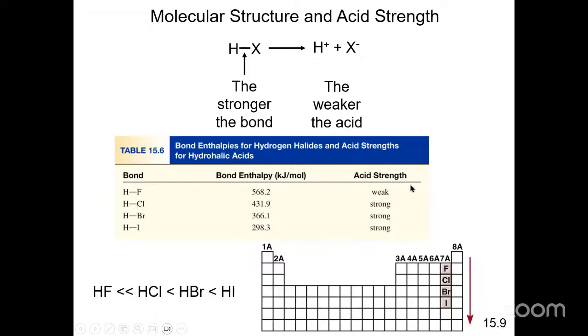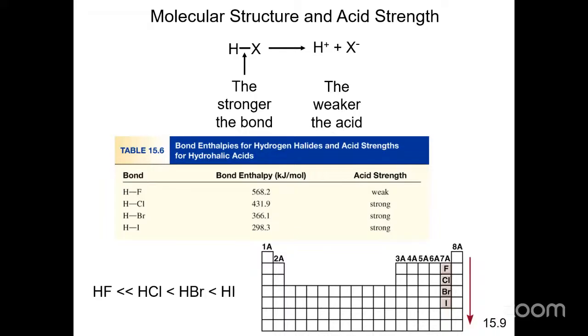So based on that, we know that the strength of the bond decreases as you go down the group from HF to HCl to HBr to HI, right? So the strongest bond is between the H and the fluorine atom. So therefore, that would be the weakest of the acids in that group. And then as you go down, the strength of the acid increases.